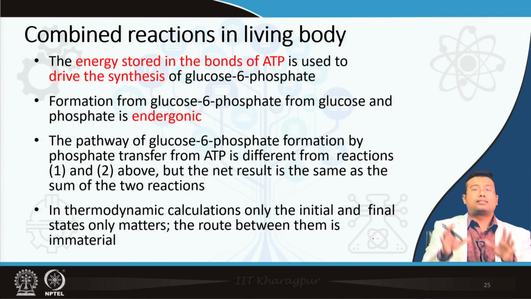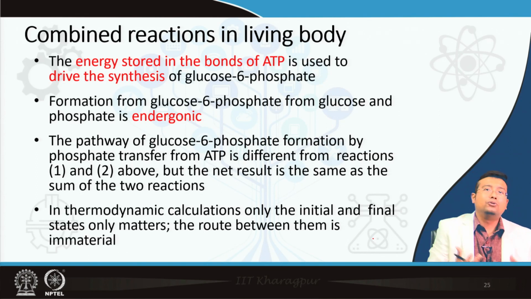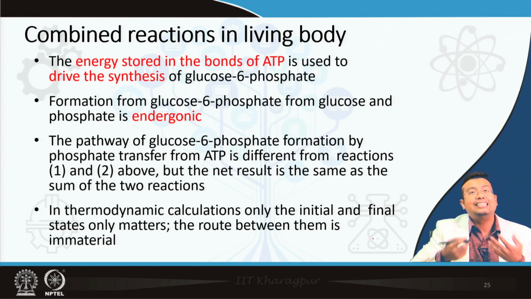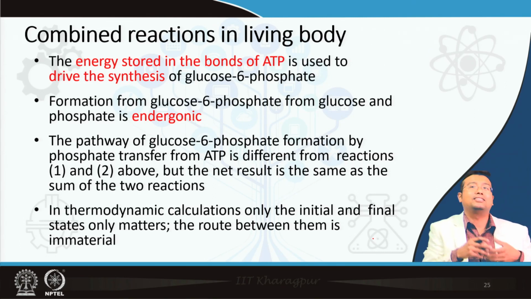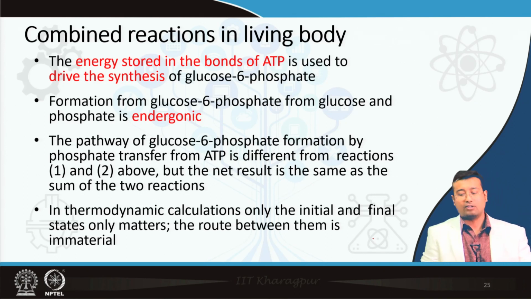This principle is used in multiple reactions that we will read in detail, where any endergonic reaction can be thermodynamically coupled with an exergonic reaction, and ultimately the final reaction is possible in the biological system.